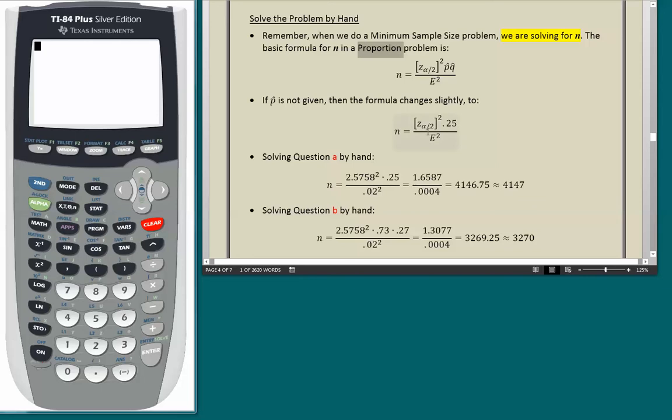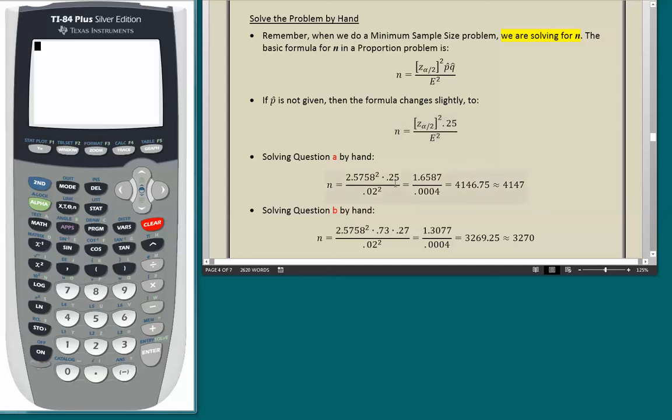N equals, again, here's this critical value, and if you don't know how to find a critical value, go look at my video called Normal Probability Finding Critical Values and Percentiles, and it will tell you how to find this critical value. In this case, the critical value is 2.5758, and that's squared, and times 0.25, because in question A, we do not know the sample p.